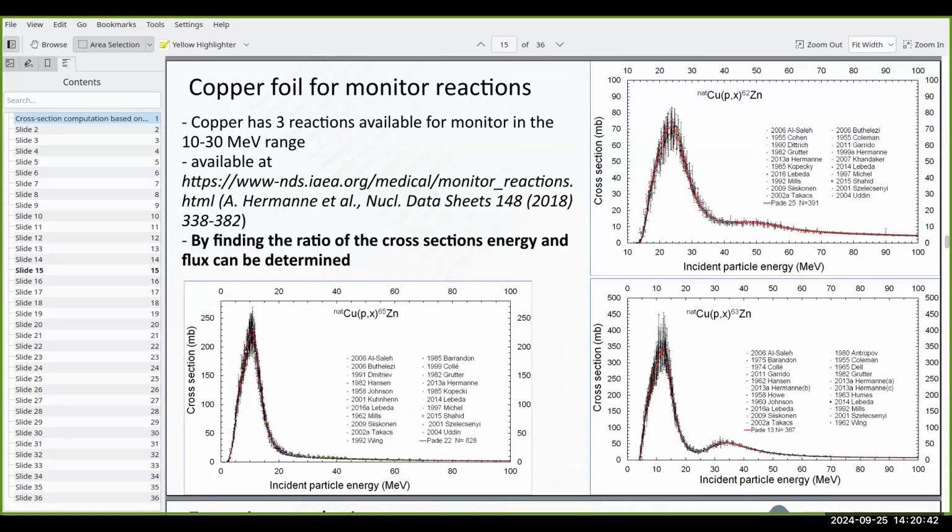The copper is chosen because its cross-section is very, very well measured, and as you can see here, there are dozens, in some cases over 20 different measurements of the same reaction, and they are all combined by the IAEA into a single, very highly reliable cross-section, which then introduces little to no error into your own cross-section measurement.